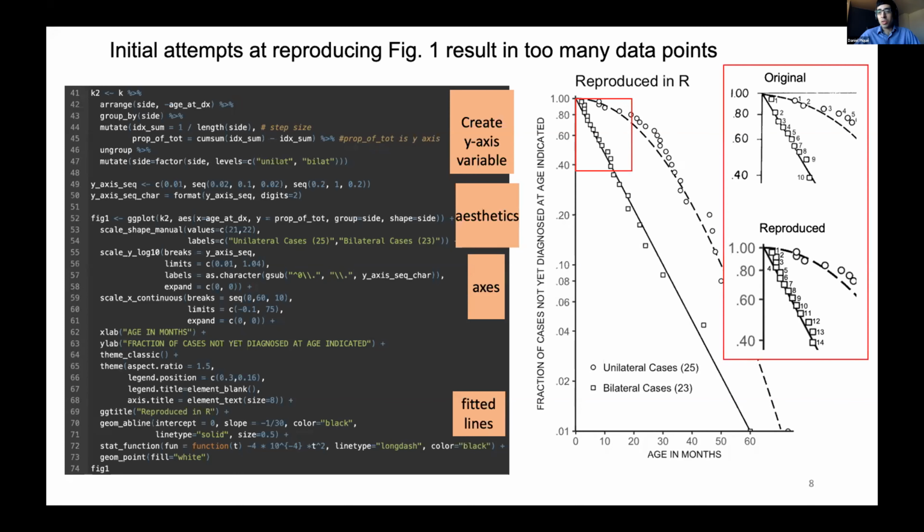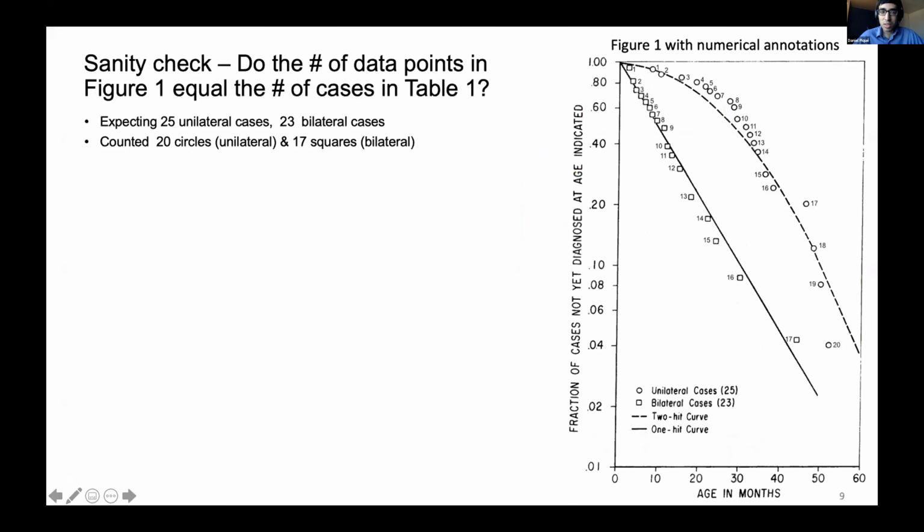But when I looked a little bit closer, what I noticed was that my reproduced plot had more data points than the original one. We saw this stacking of data points, multiple data points per age, whereas the original did not. So I wanted to first do a sanity check to see whether the number of data points in figure 1 actually equals the number of cases in table 1.